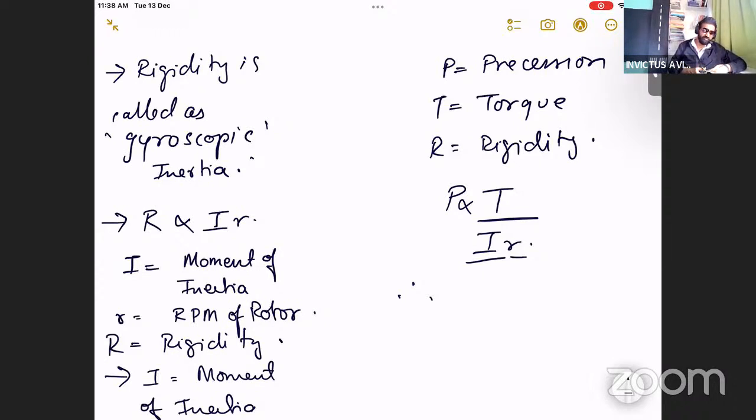Now, quickly look at rigidity, quickly look at precession, and tell me if you've got it 100% or not. Have you understood this much? Do you have any doubts? Don't feel shy in discussing doubts, thinking about how my replies are. You'll be like, sir, aap direct answer toh de nahi rahe ho. Don't be like that.